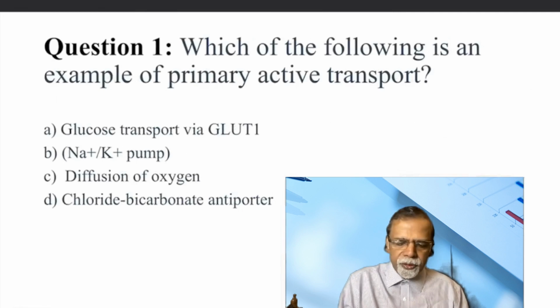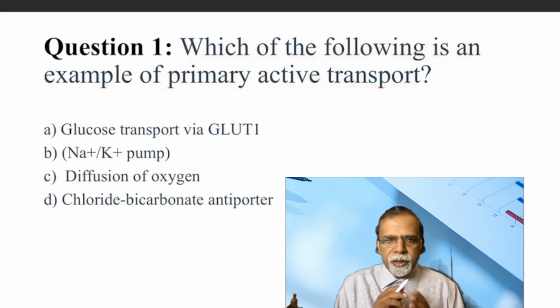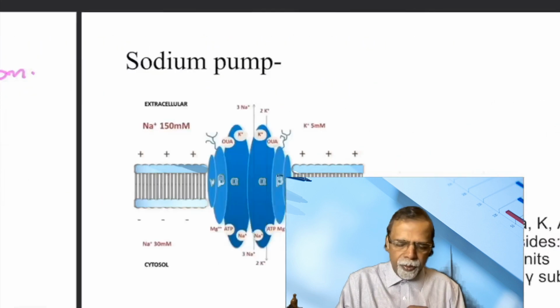So the question is, which of the following is an example of primary active transport? Primary active transport means energy is utilized at the site of transport.